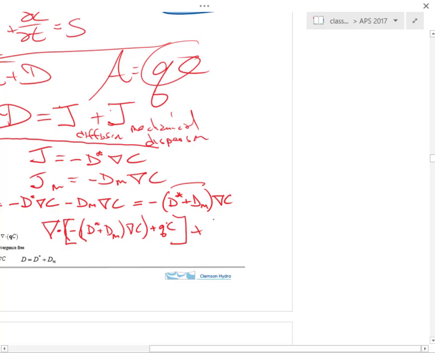And then we've got the change in storage, and that equals 0.